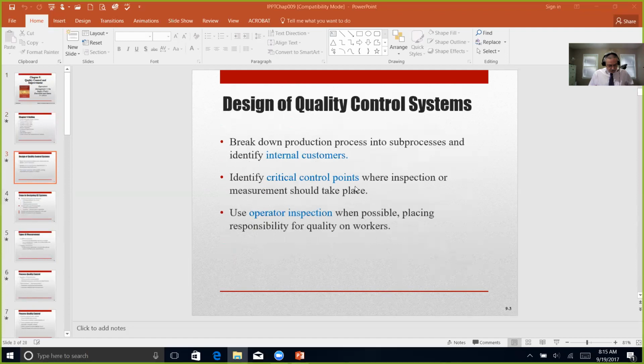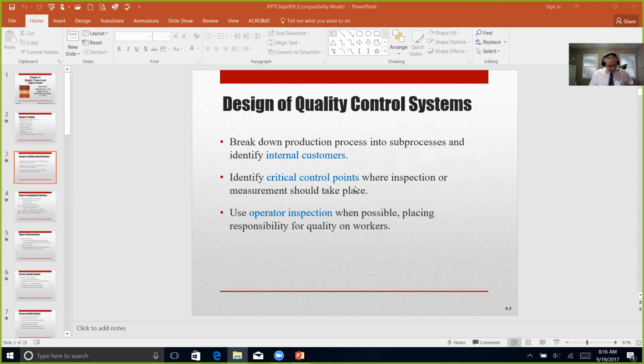Who are our internal customers, and what product or services are they producing to ensure that the overall organization is supporting each other?